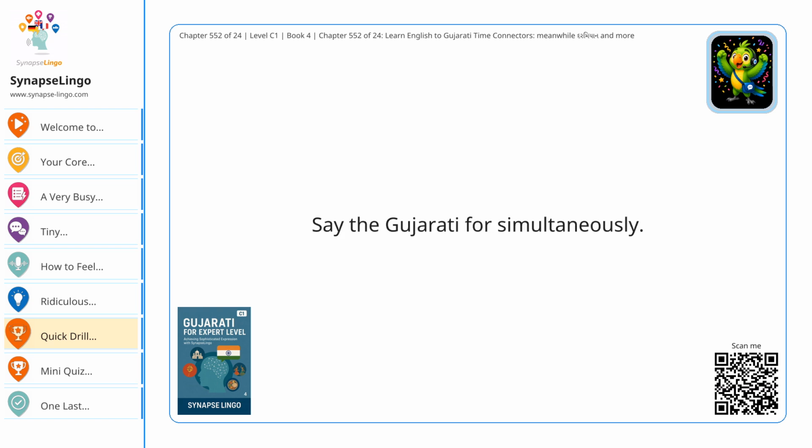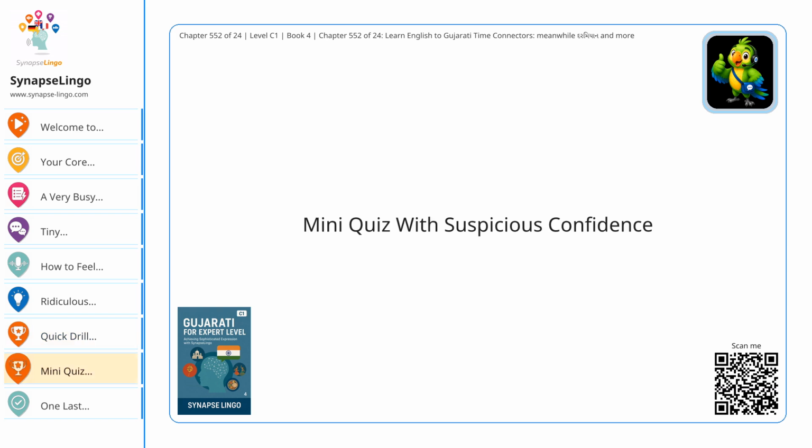Say the Gujarati for simultaneously. એક સાથે. Say the Gujarati for in the meantime. આ દરમિયાન. Say the Gujarati for as a result. પરિણામે. Say the Gujarati for in return. બદલામાં.